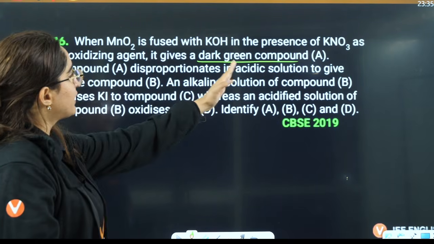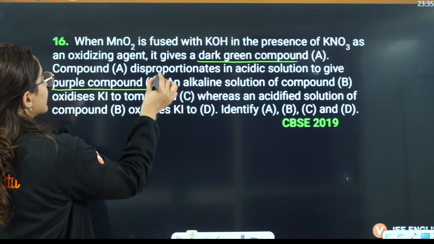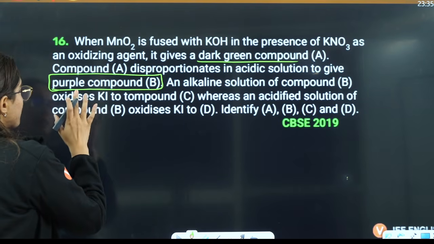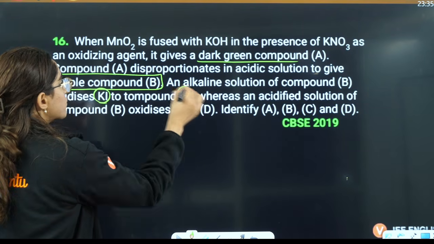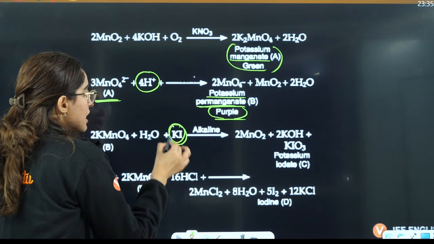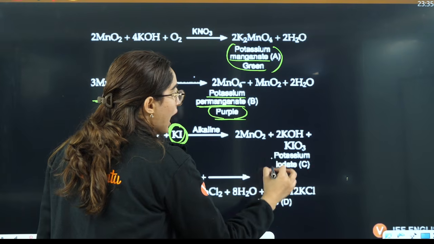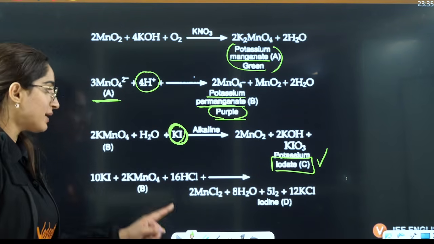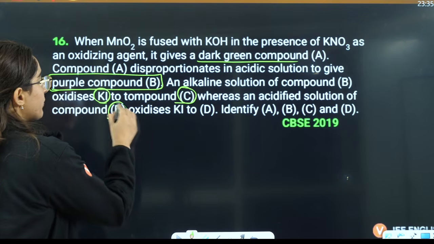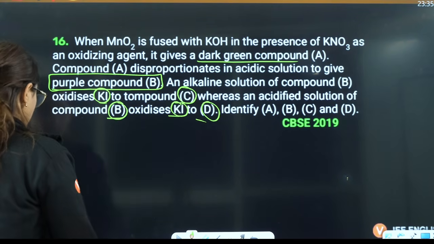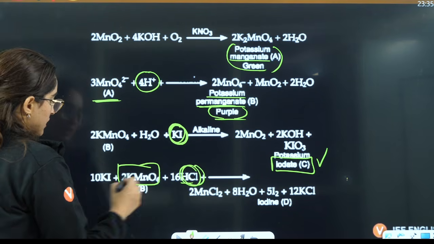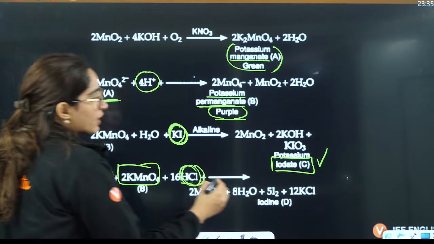Compound A disproportionates in acidic medium to a purple compound, that is permanganate. Alkaline solution of permanganate, that is compound B, oxidizes KI to a compound C. Alkaline solution means KI will be converted to the very important iodate, whereas acidified solution of compound B oxidizes KI into D. If you have KMnO4 and you have acidified solution, then I negative is converted to I2.